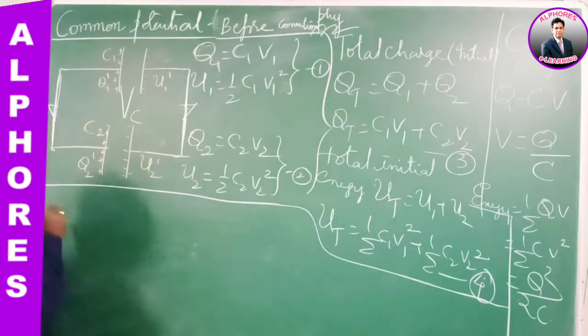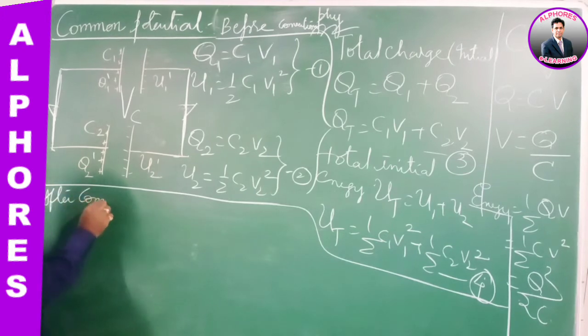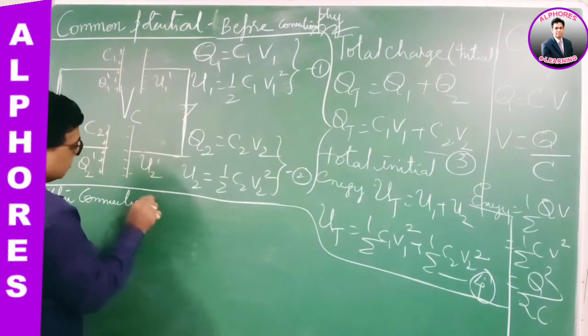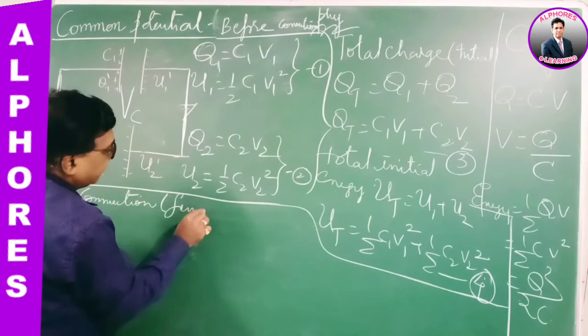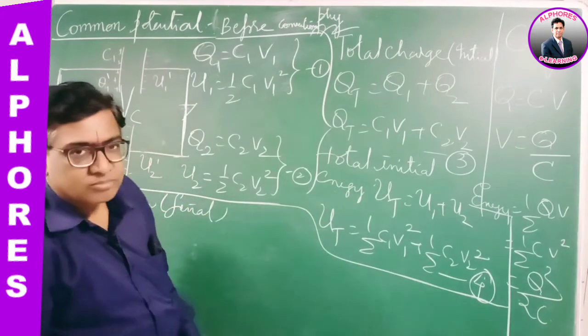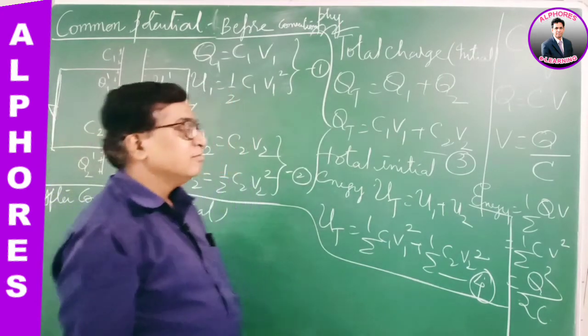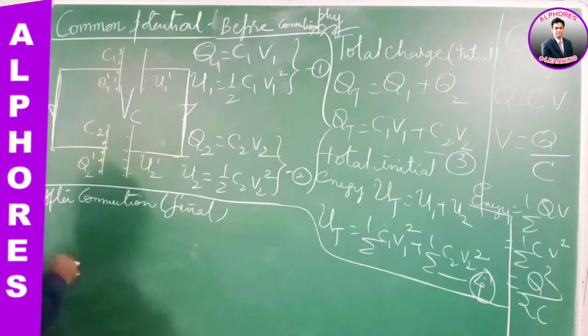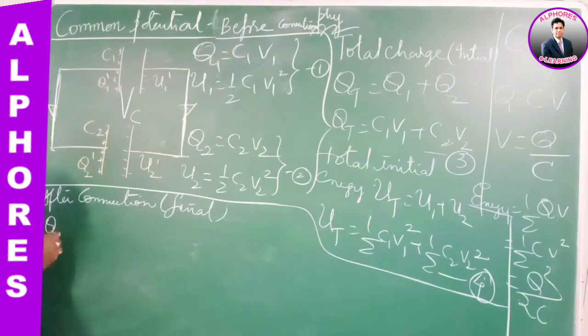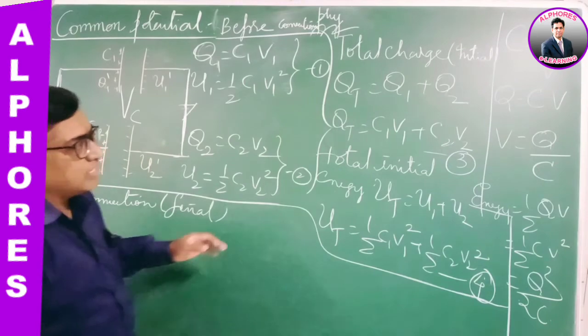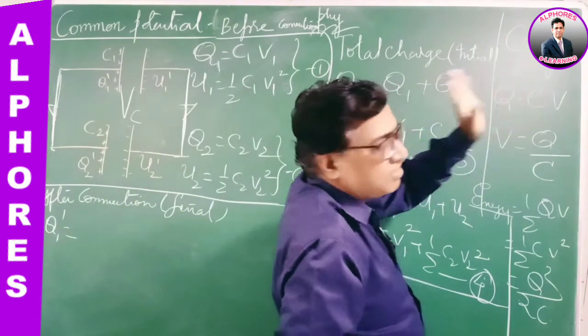Now after the connection is being made, final. Coming to the first capacitor, the charge in it is Q1 dash. According to the definition, C is equal to Q by V, so Q is equal to CV.